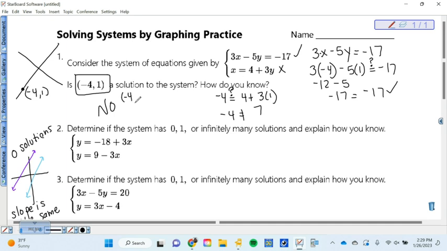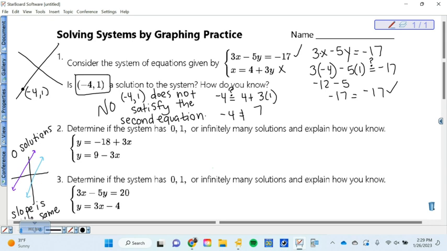And how do we know? We know because -4, 1 does not satisfy the second equation. Or you could say it doesn't work in the second equation. Okay.